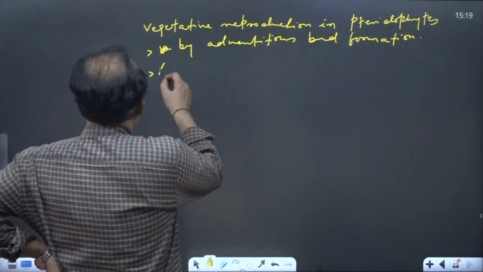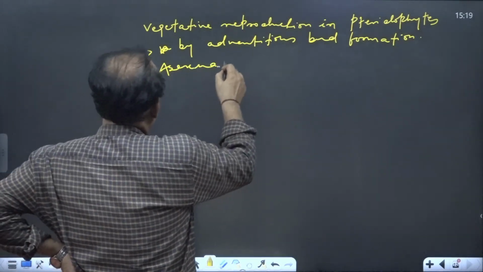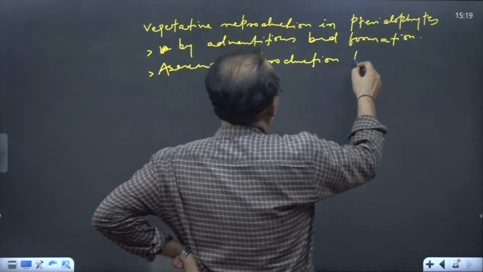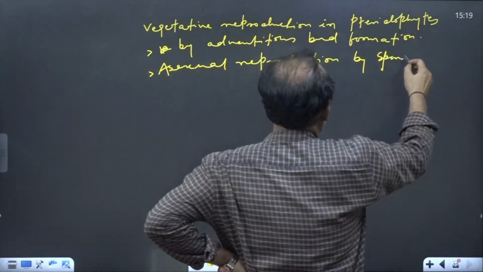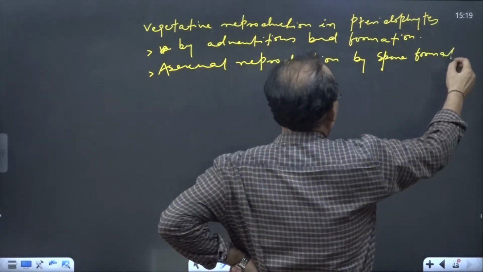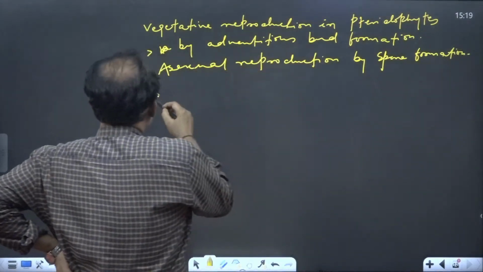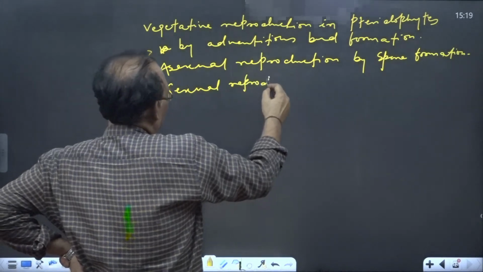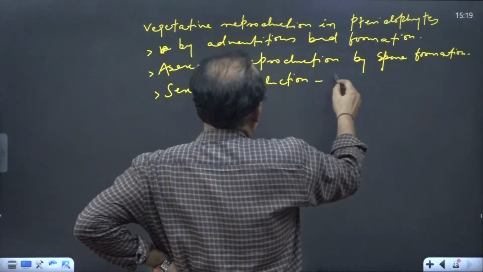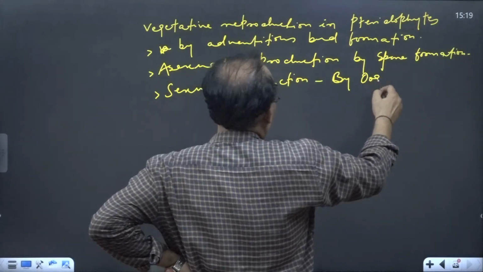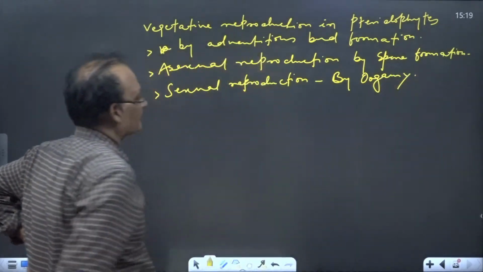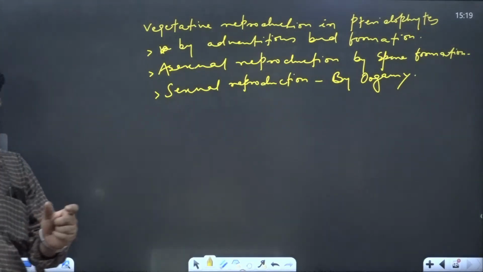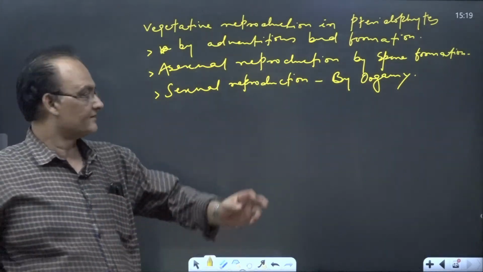Asexual reproduction by spore formation. And sexual reproduction by oogamy. Oogamy, you know: the male gamete is small and flagellated, and the female gamete is bigger.